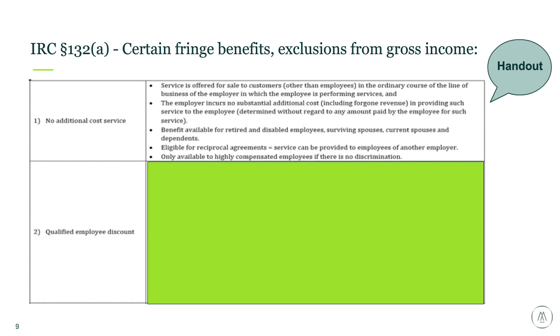The second factor is that the employer incurs no substantial additional cost, including foregone revenue, in providing such service to the employee, and it's determined without regard to any amount paid by the employee for such service. So I run into this all the time with colleges and universities that have athletic programs, and they have game day tickets, right?